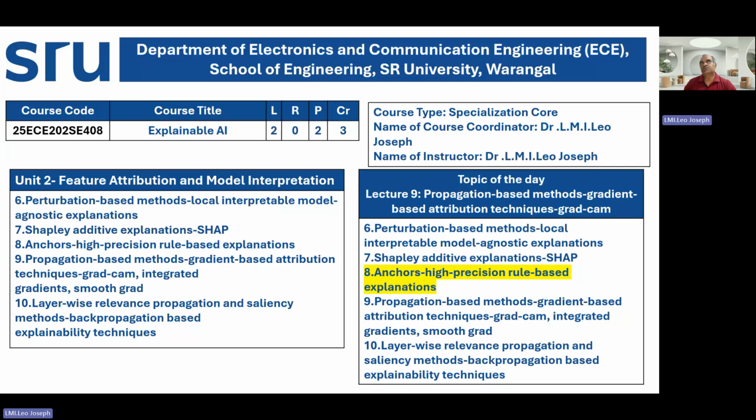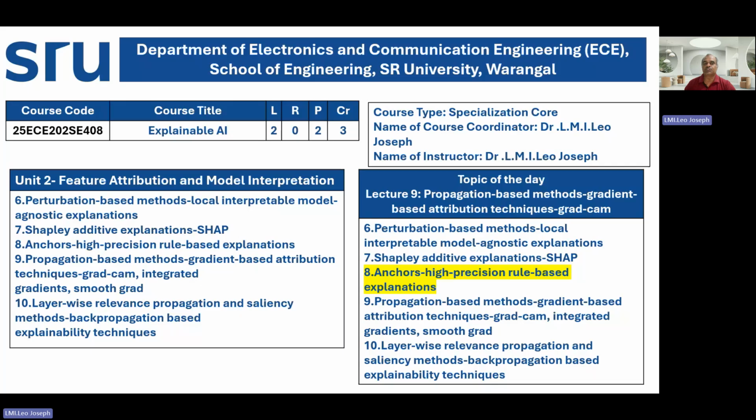What we are going to do is, first I will explain the theory completely, and after that I will explain the workouts, so that you can understand in a very easy and simplified manner. This is what we are going to do today. So the topic of interest is anchors, that is, high precision rule-based explanation. What is meant by rule-based explanation, what is meant by anchors.